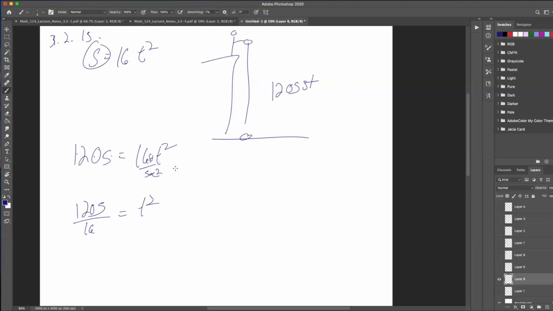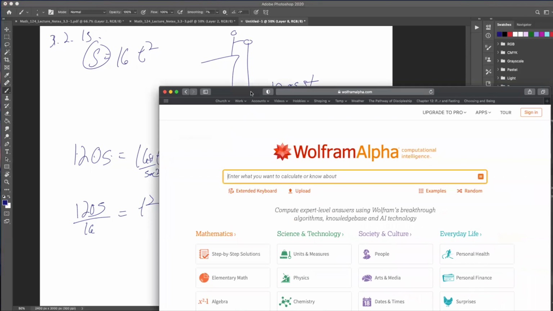So let's do that. Let me open up Wolfram Alpha because I do want a computer program to do this one. So I'm going to take 205 because that's how many feet I fell.